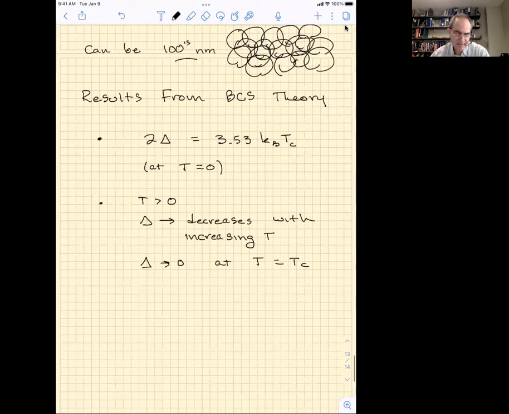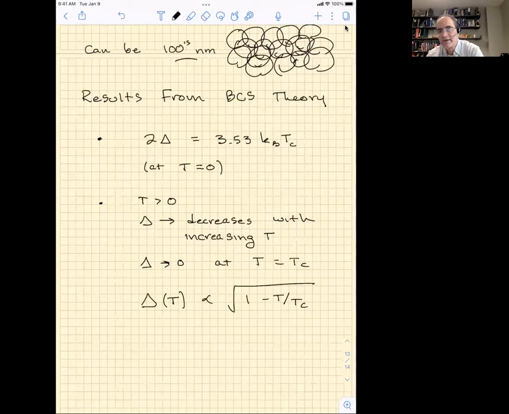In fact, the prediction is that the size of the gap as a function of temperature is proportional to the square root of 1 minus T over T_C.